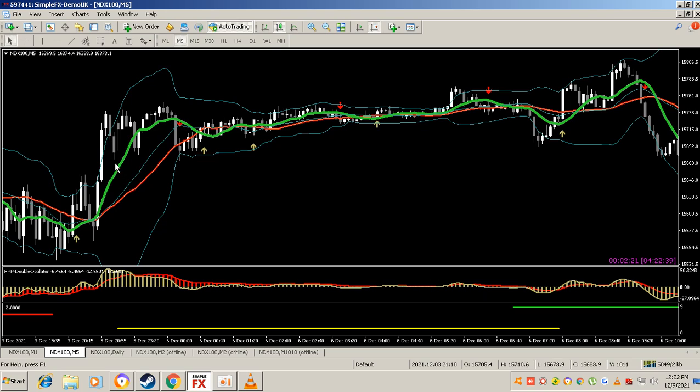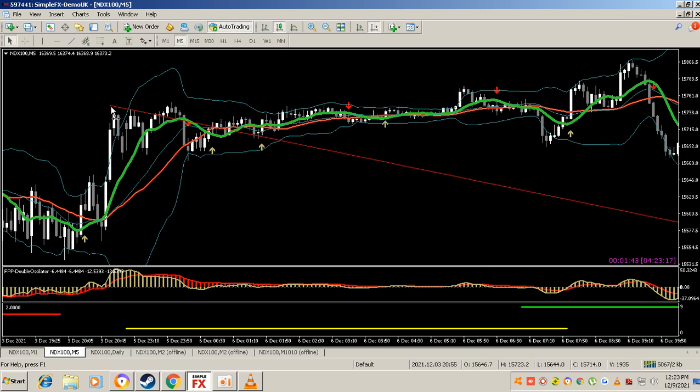Okay, this should be the high of the day of the previous day. Yeah, this is the low. Okay, so we put a trend line. Just need to move this one.